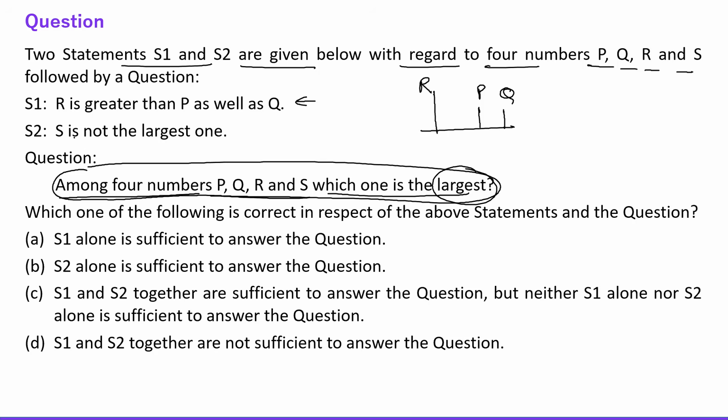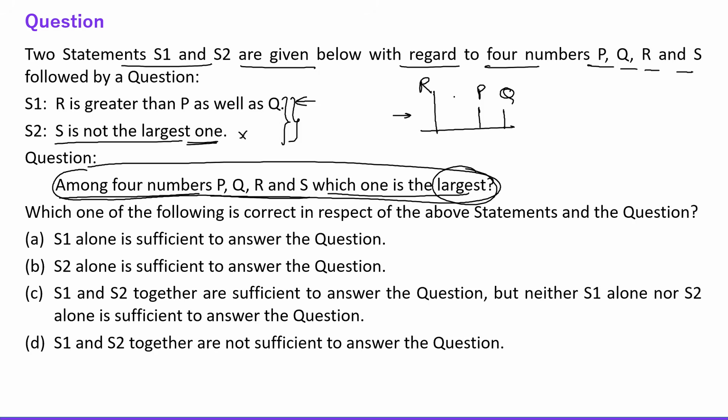After that, statement number 2 alone, S is not the largest. So from statement number 2 alone, we are not able to say anything. Okay. If we are combining these two statements together, the first statement is R is greater than P as well as Q. After that, S is not the largest. See everyone, S is not the largest.